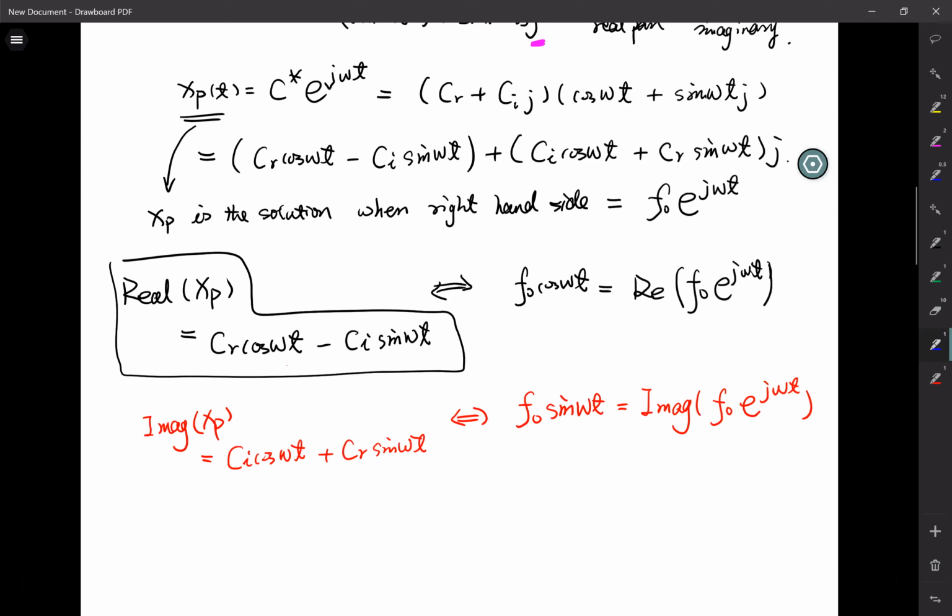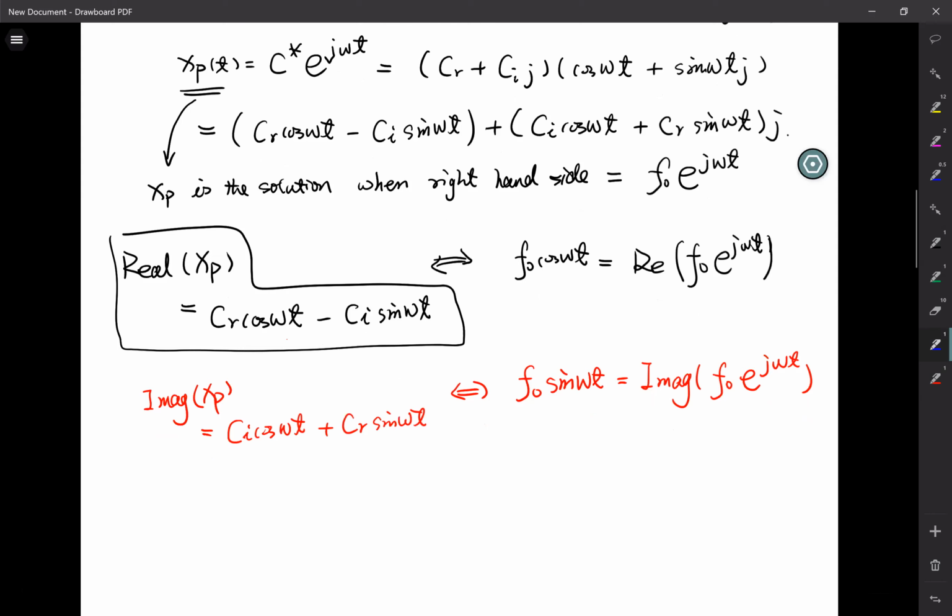All right, so then eventually we have your solution, x(t) equals x_h(t) plus x_p(t), right? Because it's a linear system, you can use superposition, just lump the two solutions together.